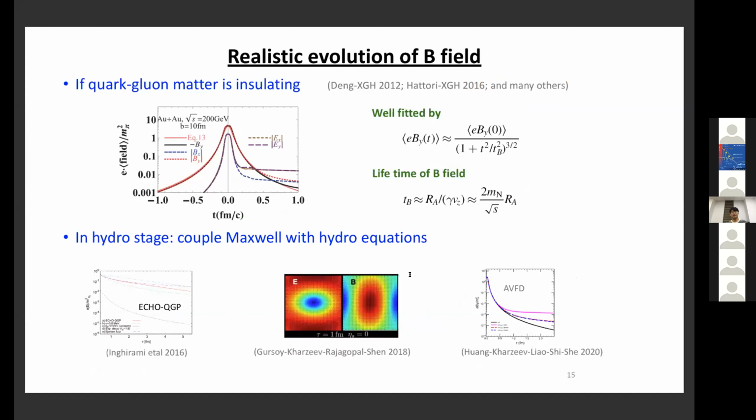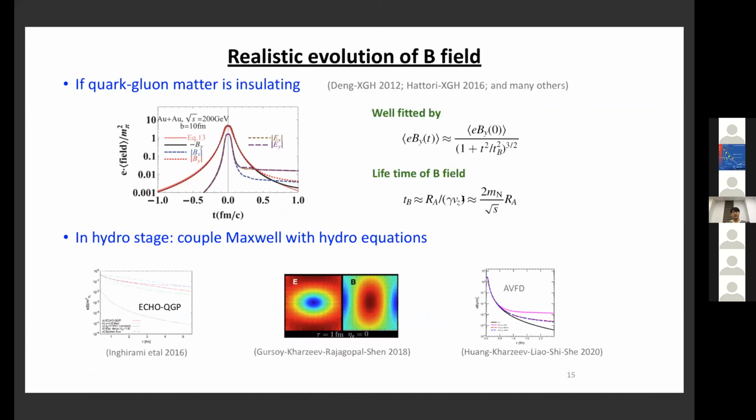So here is the case of a vacuum. If the medium is insulating, the B field drops very quickly, and which can be well fitted by using this similar formula. Here I show you that this formula fits the numerical data very well. And in this case, the B field lifetime is very short.